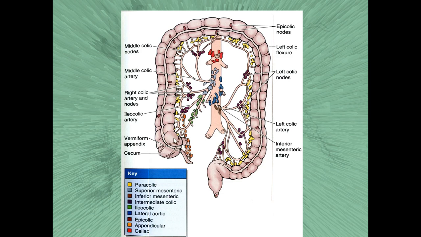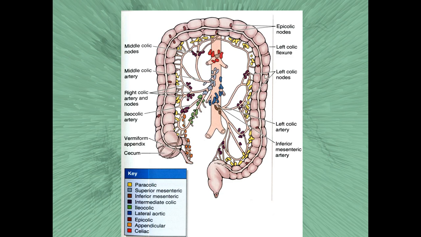After that, the next group of lymphatic nodes corresponds to the blood vessels, to the arteries, and is represented by the ileocolic lymphatic nodes, right colic lymphatic nodes, middle colic lymphatic nodes. From these three mentioned groups, lymph is collected to the collecting group around the superior mesenteric artery, superior mesenteric nodes.